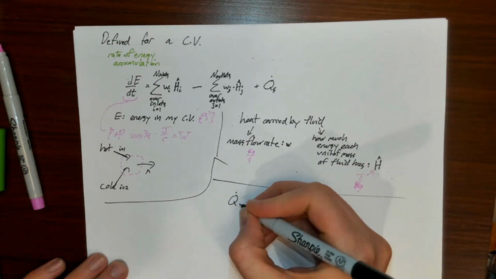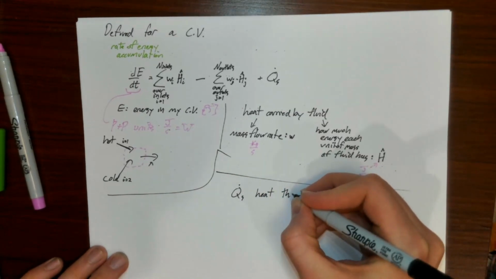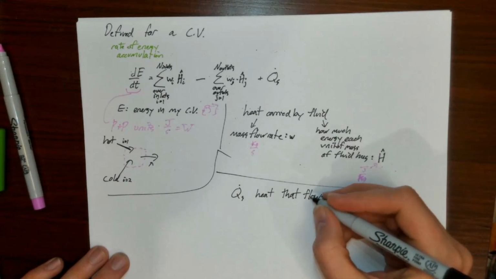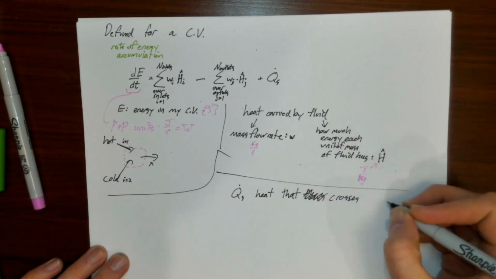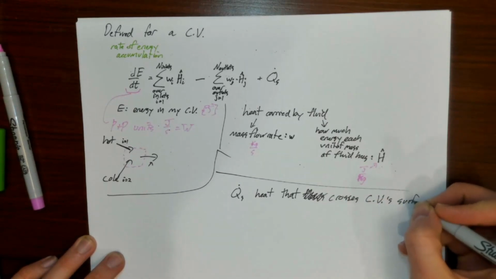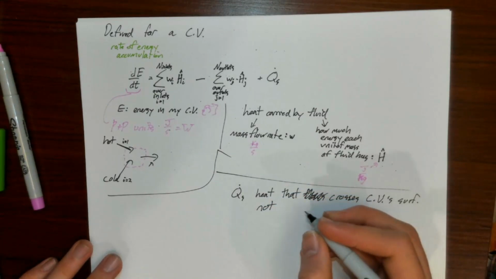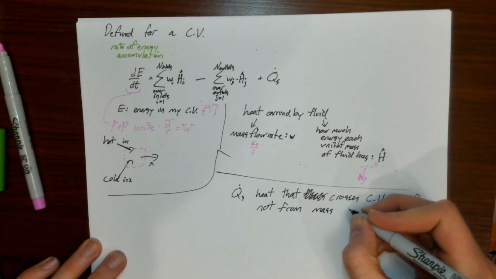where Q dot sub S is heat that crosses the control volume's surface, but that's not from mass crossing.